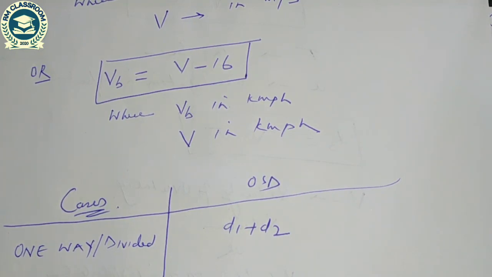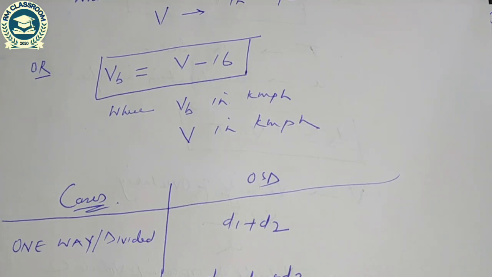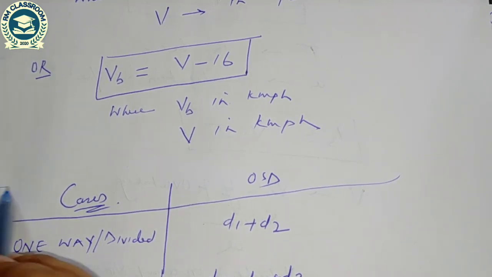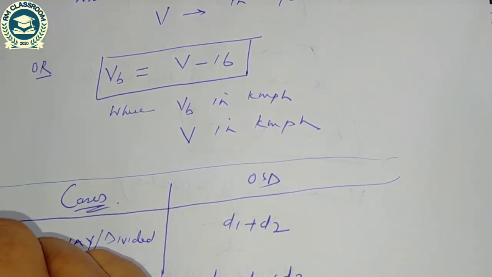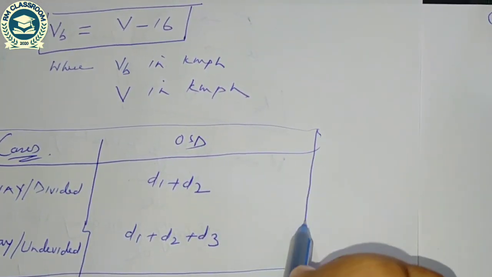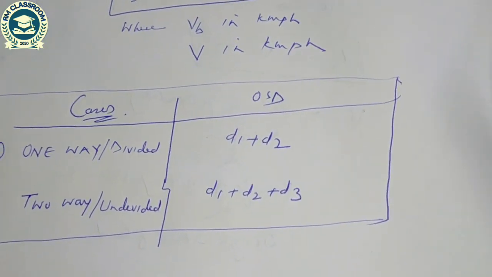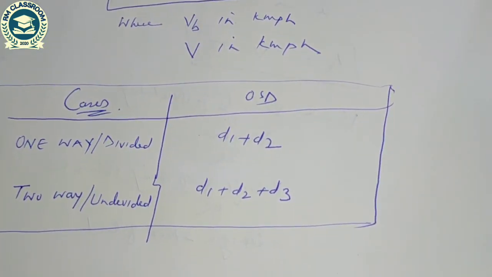And I have derived the formula for two-way undivided, so the formula will be same, that is d1 plus d2 plus d3, or small vb into small t plus small vb into capital T plus 2s plus capital V into capital T. So these are the two cases we have to understand. On the basis of demand of the question, we have to apply the formula.